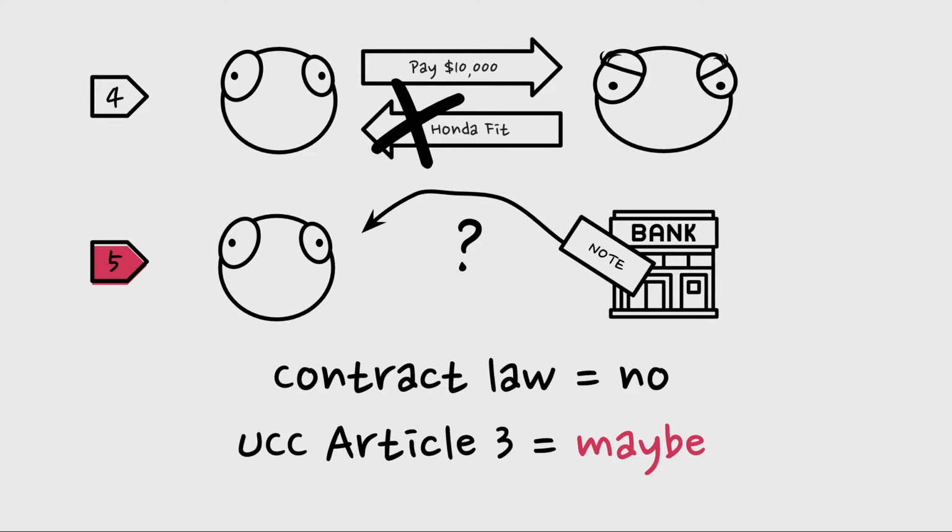Maybe. I know you were thinking the answer would probably be yes, but the answer is maybe, because there have to be a number of things that are true, both about the nature and the form of that note, whether it's properly considered negotiable, and we'll see whether the bank is what's called a holder in due course.